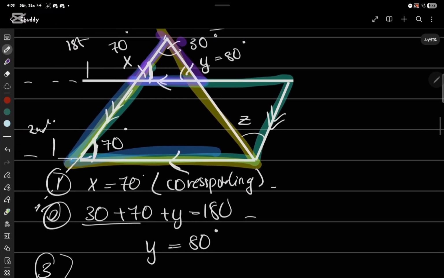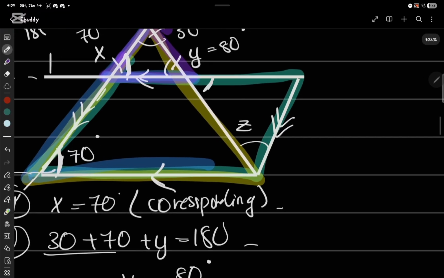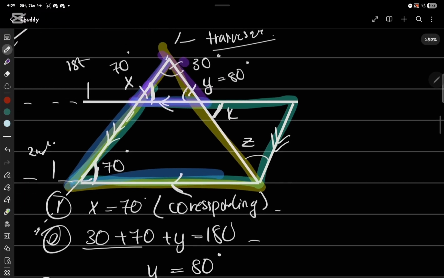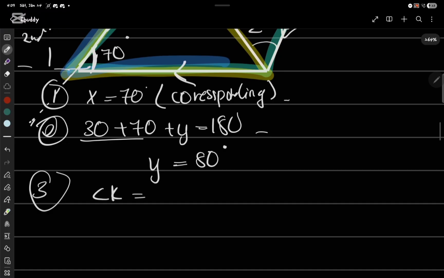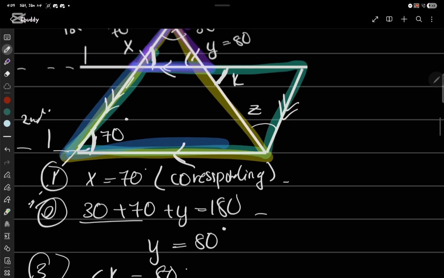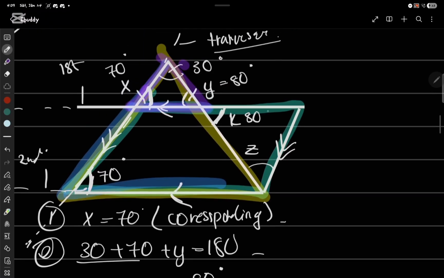So our last step here is to find z. Okay, so we see that this angle, I'm going to call it K. All right, so angle K, you can see it's opposite to angle Y, so angle K is also 80 degrees.